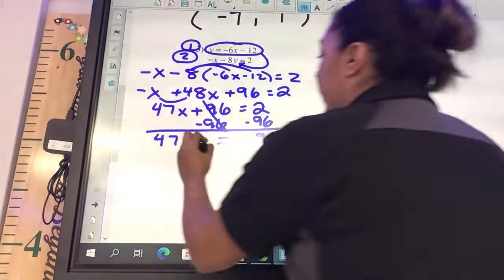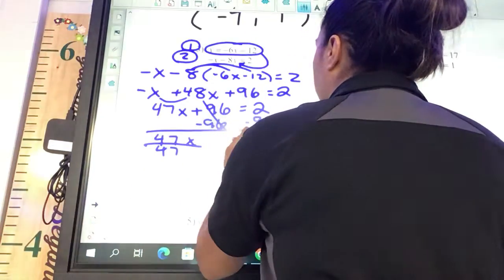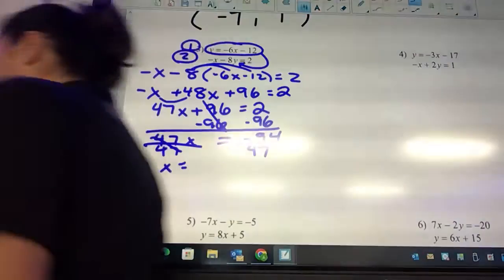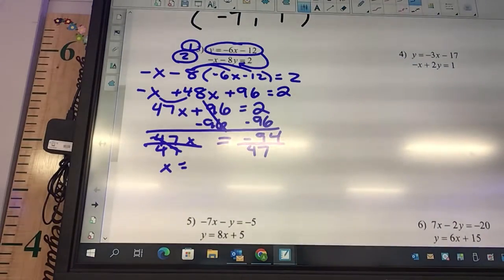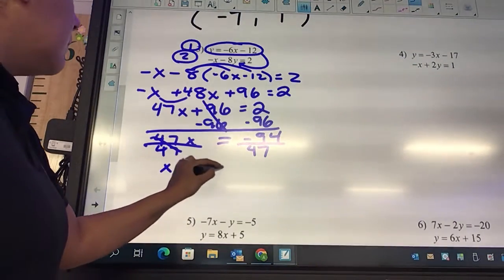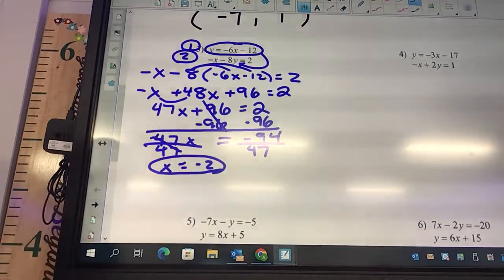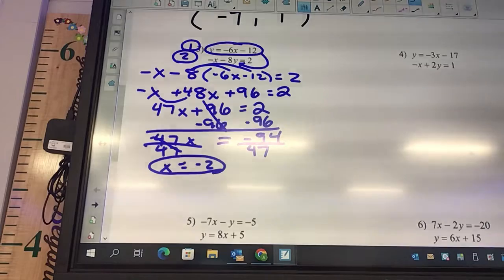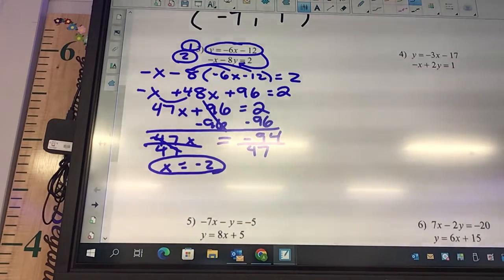And then we're going to divide by 47. What are we going to get for x? Negative 2. Okay, and what do we do with that? Plug it in where?